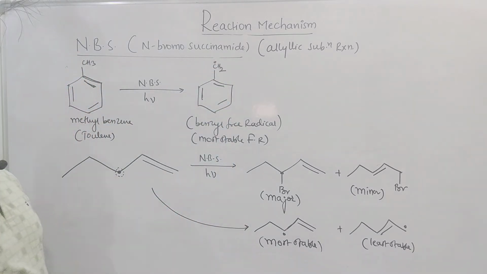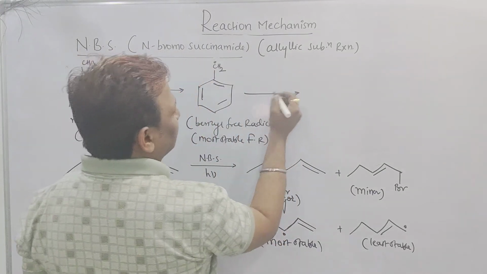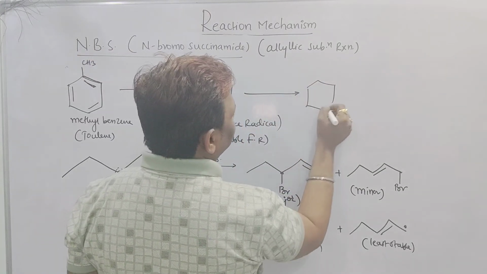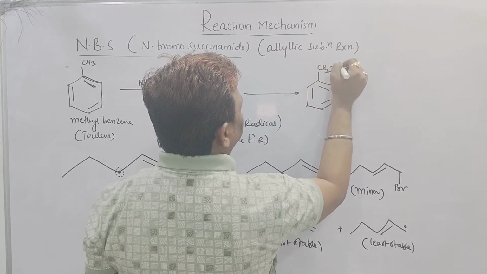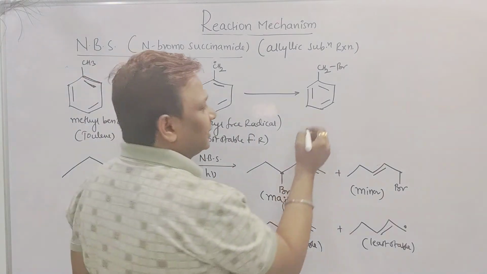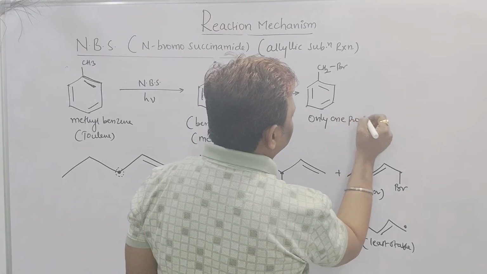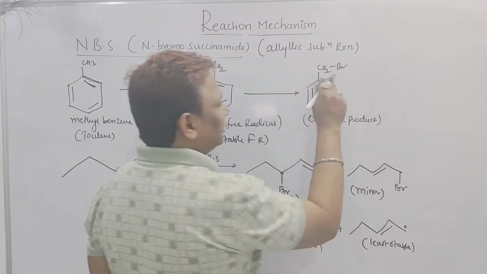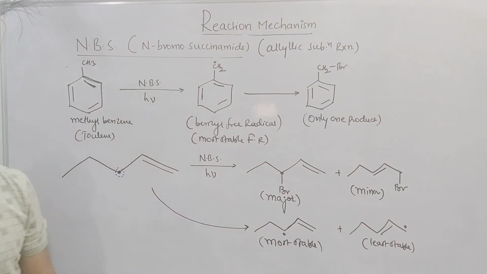And on this most stable free radical, what is going to attack, beta? The Br from NBS is going to attack at the allylic position of the carbon, and we get the product. How many products did we get, sir? Here, sir, we are getting only one product, because there are no other cases where we have any allylic carbon. Is it clear, sir?